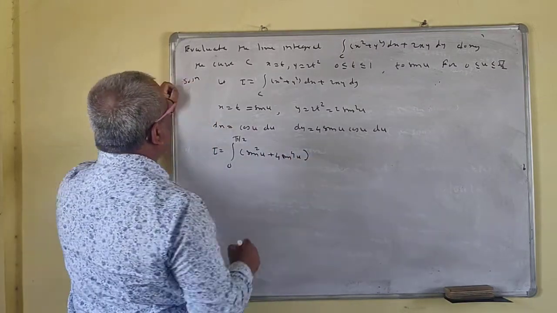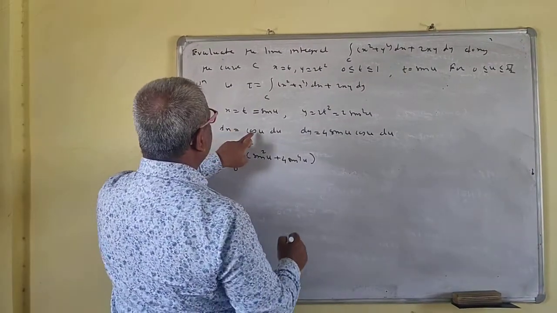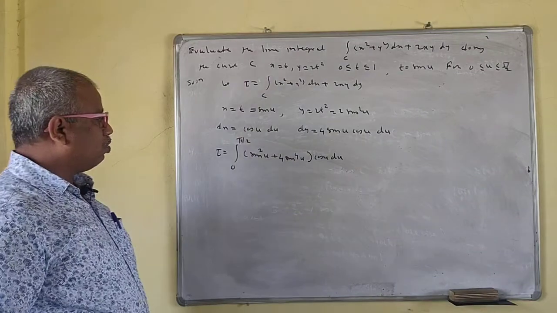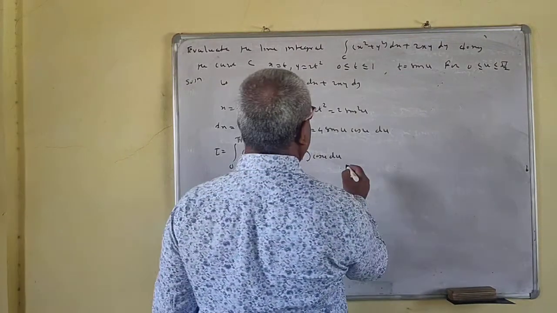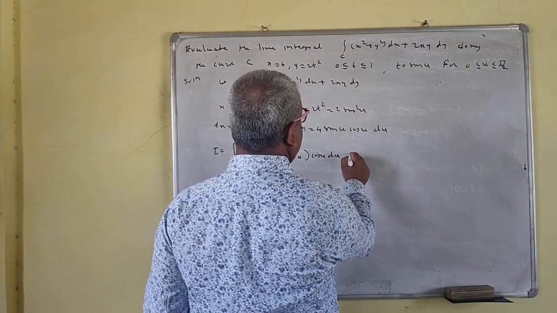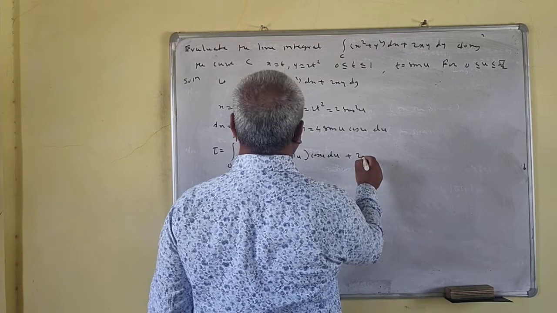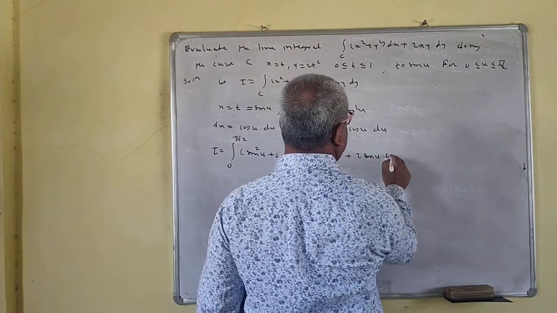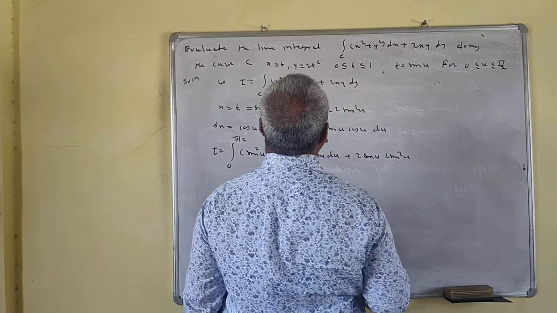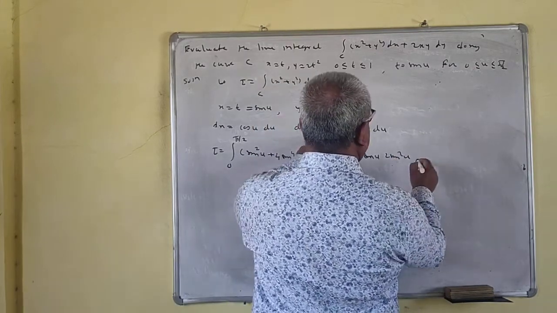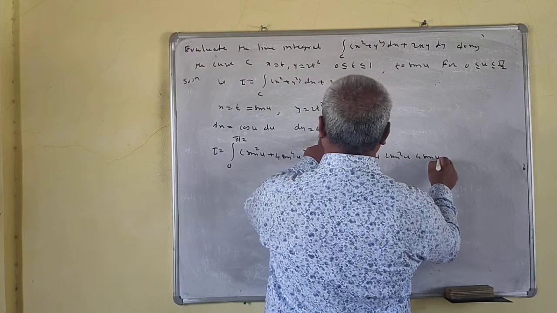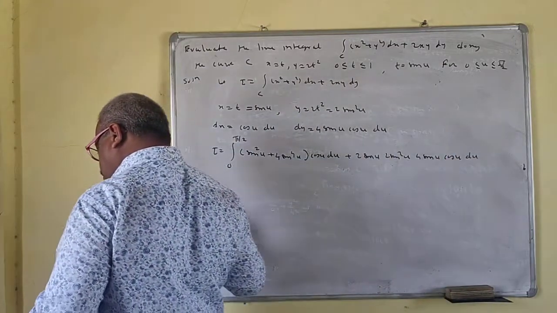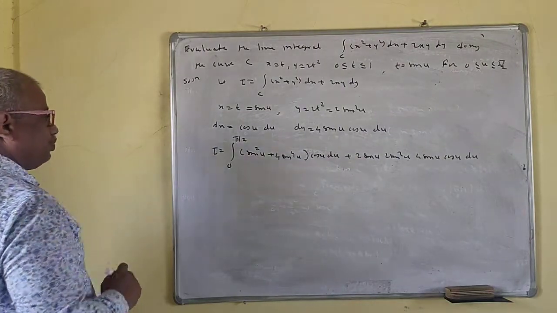Now dx is cos u du, plus twice x, x is sin u, y is 2 sin square u, and dy is 4 sin u cos u du.